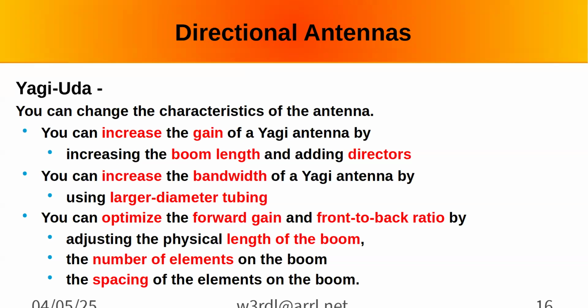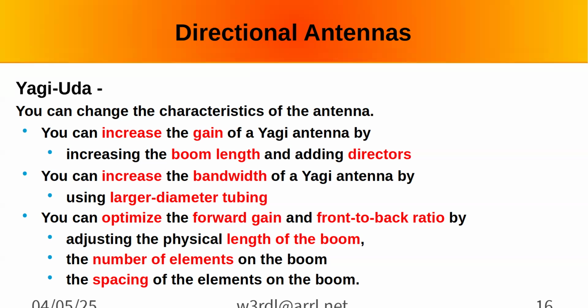If you increase the boom length and add directors, you can increase the forward gain of the antenna. If you use larger diameter tubing or elements, you can increase the bandwidth.